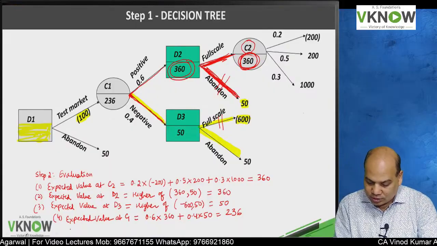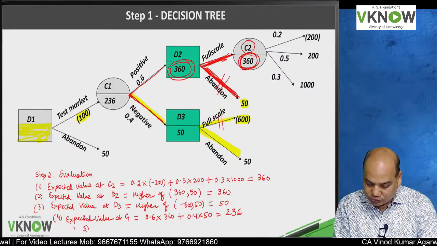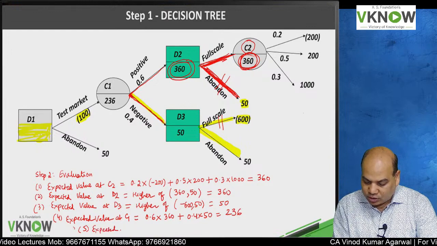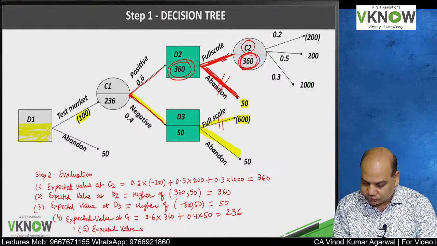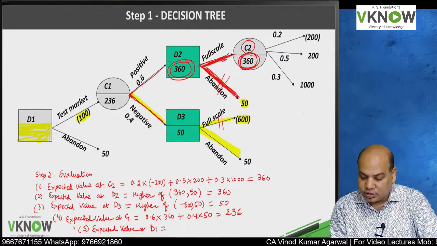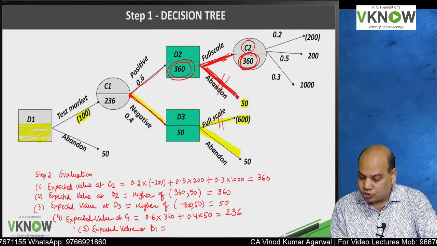Very good. And the last step, what is the last step? Expected value at D1. D1 is a decision box, so I have to choose the higher of the two.